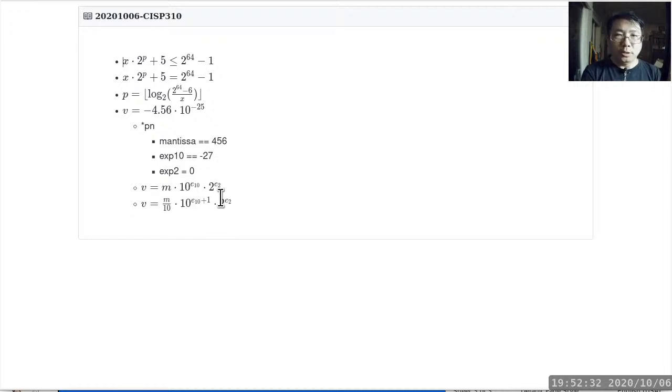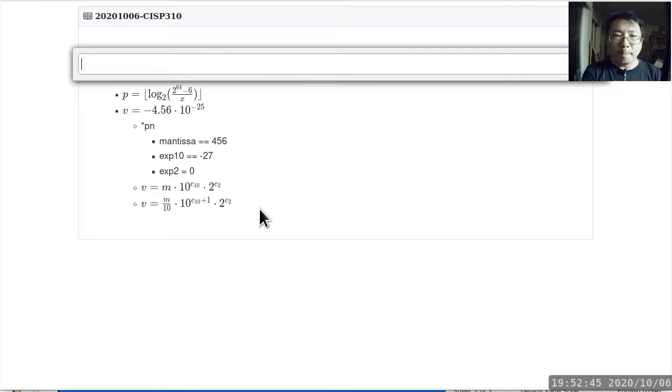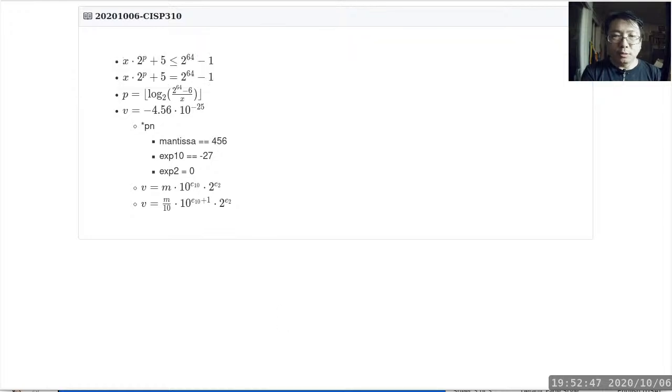So what we want to do is make the numerator, or the dividend, as large as possible. I'll do it step by step.